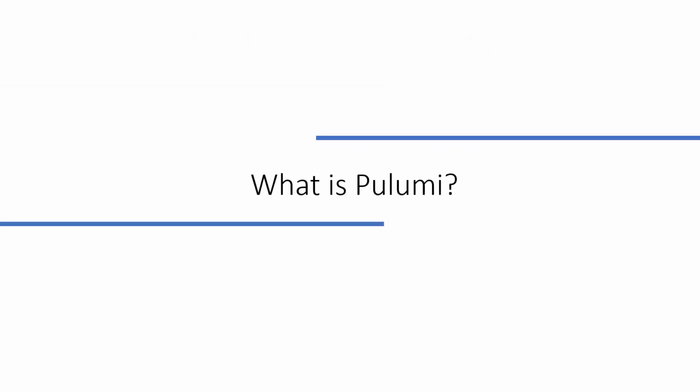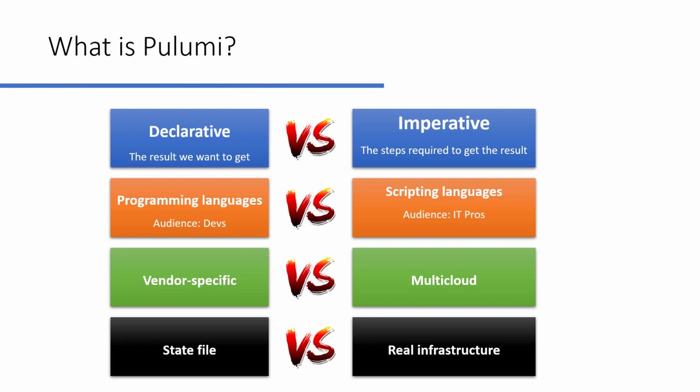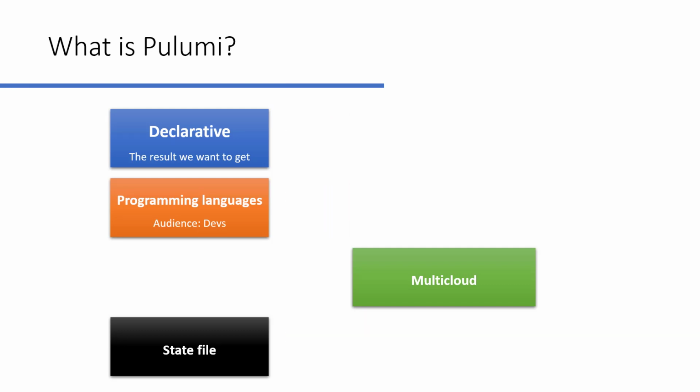So what is Pulumi? Well, Pulumi is a declarative technology. That means we express as code the desired state that we want to reach, and we let Pulumi identify the steps required to reach that state. What does it mean?